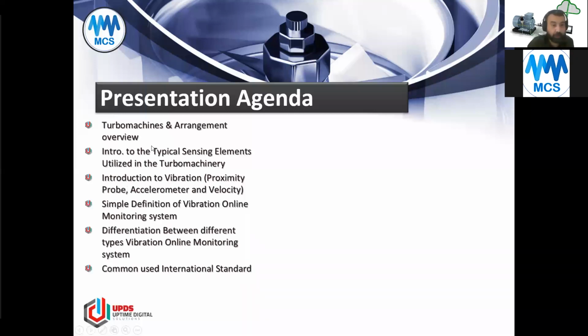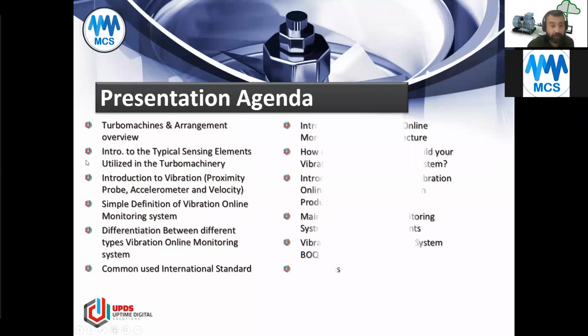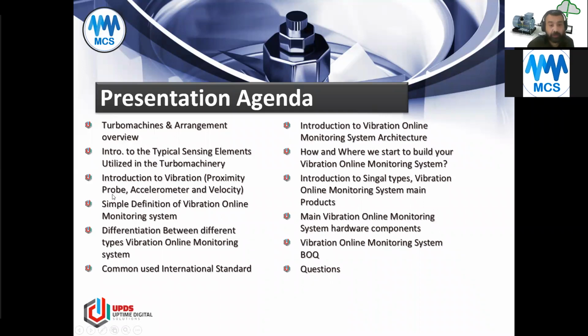Very quickly, we're going to discuss the turbomachinery arrangement overview. Then we will speak about an introduction to the typical sensing elements utilized in turbomachinery, with a very quick overview: the vibration proximity probe, accelerometers, and velocity sensors.